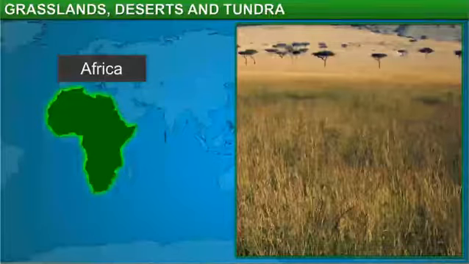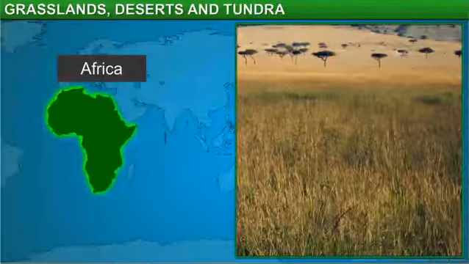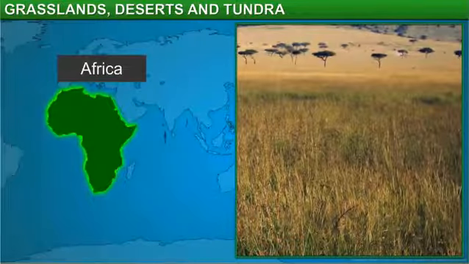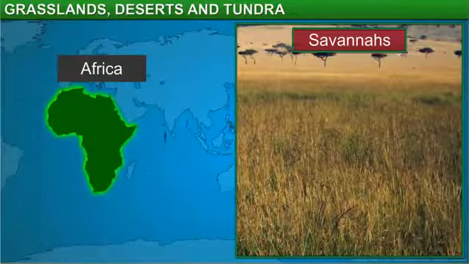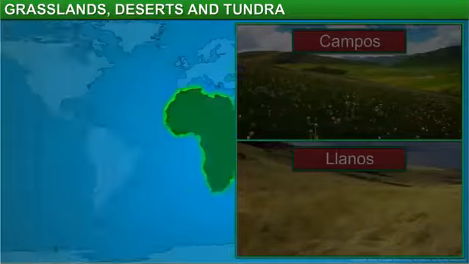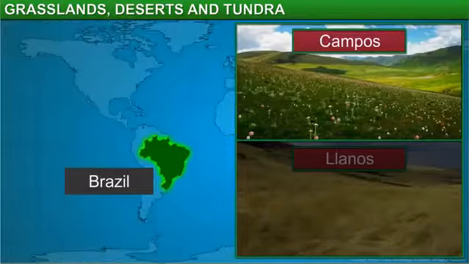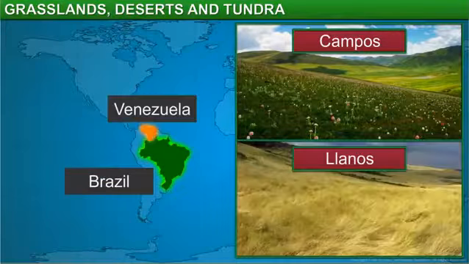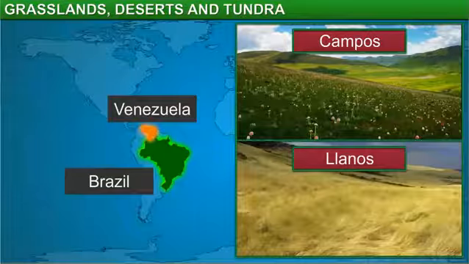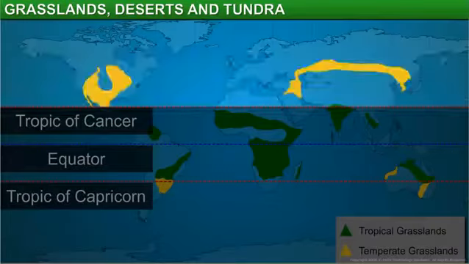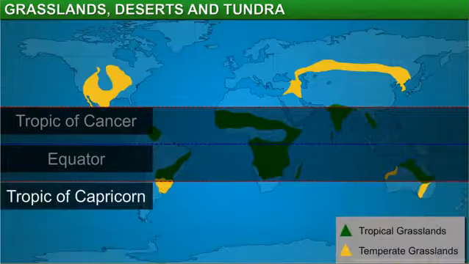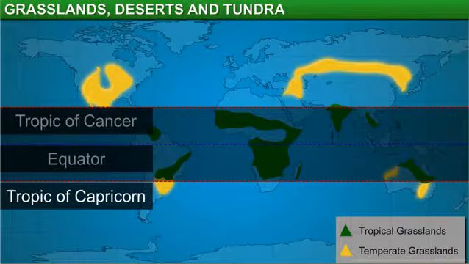Almost half of Africa is covered by tropical grasslands. These are called the savannas. Other tropical grasslands are the campos in Brazil and the llanos in Venezuela. As we move to the north of the Tropic of Cancer or south of the Tropic of Capricorn, the vegetation changes to temperate grasslands.